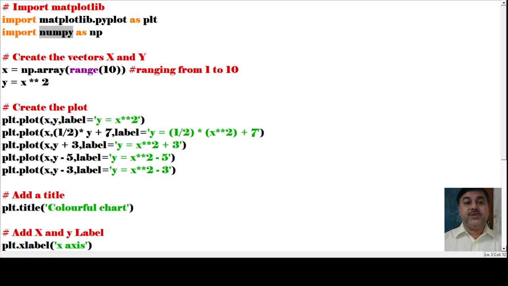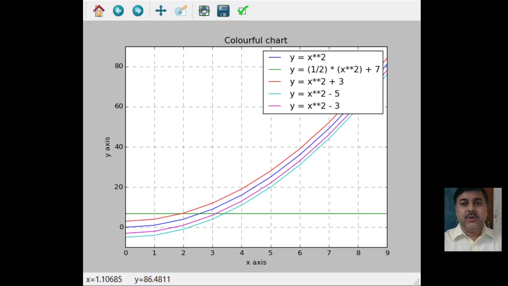So now, based on this different pattern, let us see what will be the output for this particular program. In this output you can see that there are different patterns of lines. All these different lines that we are constructing are arranged here.